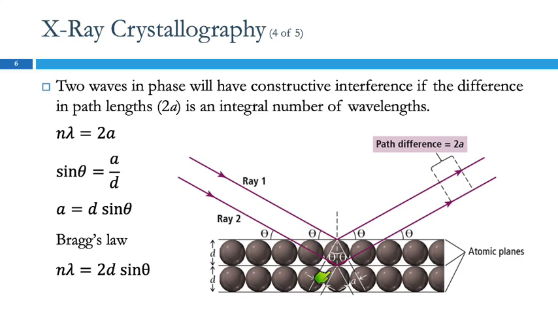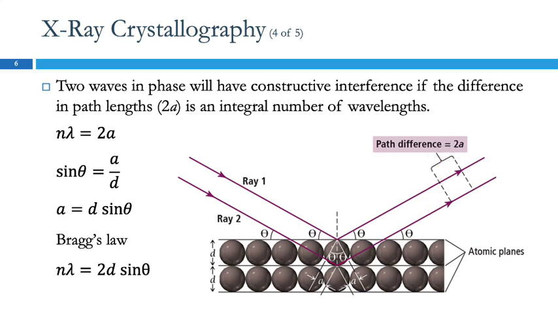The angle is theta. You can calculate how far ray 2 went in addition to the distance that ray 1 went, because it has to go this distance here plus that distance there, and then they come out over here. So that's the path difference, that's 2a.